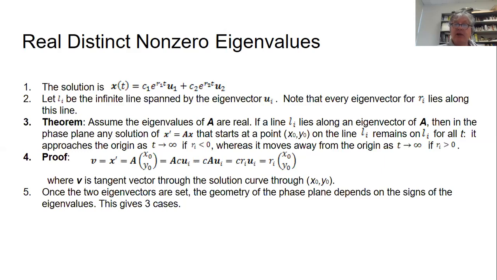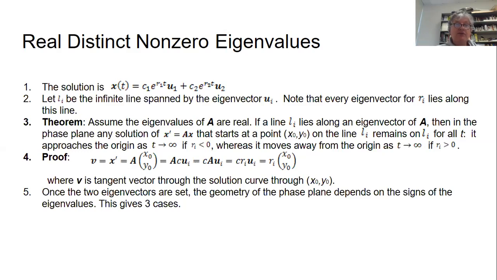If we look at the line spanned by an eigenvector, every eigenvector for an eigenvalue is going to lie along this line. Remember, if you have an eigenvector, any constant multiple of that eigenvector is also going to be an eigenvector.